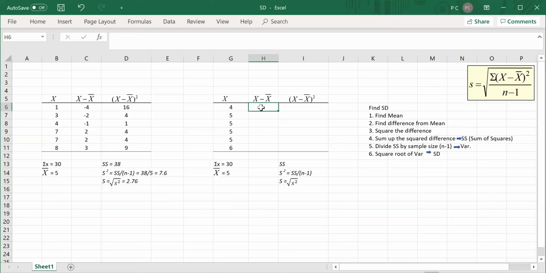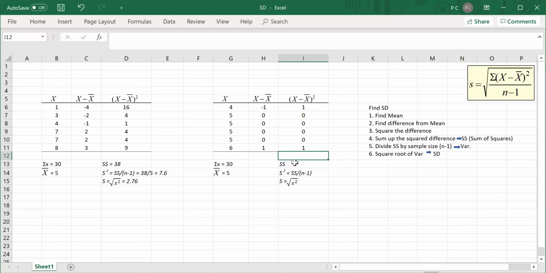If I look at the difference from the mean, the first one is just 1 mile less, and then we have a lot that's exactly at the mean, and this one is 1 mile above. So this will be 1, 0, 0, 0, 0, and 1.